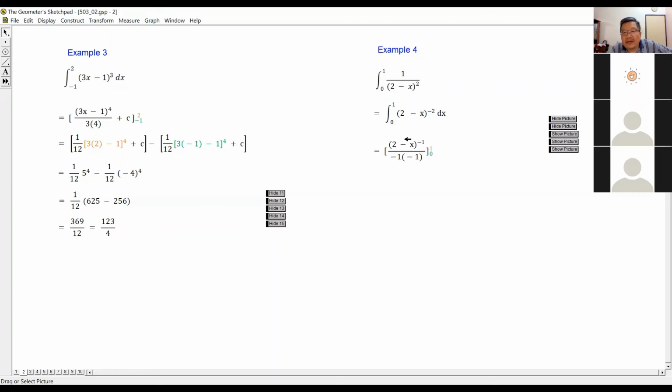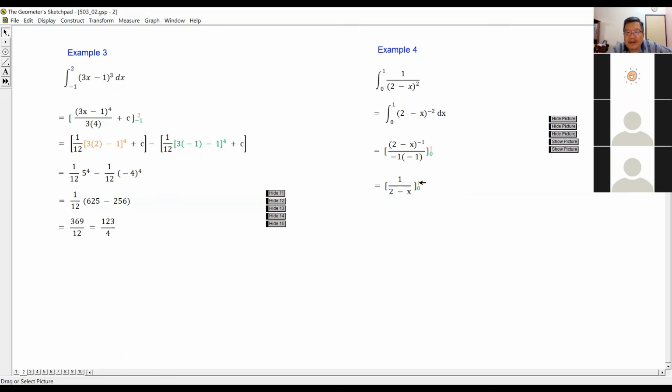I try to simplify this function first before I substitute in these two numbers. Negative multiplied by negative becomes positive. Then this power of -1 you can put at the bottom there. Now you can substitute in the numbers.